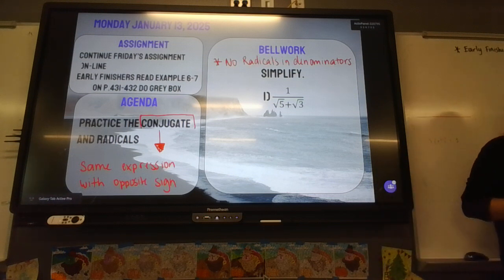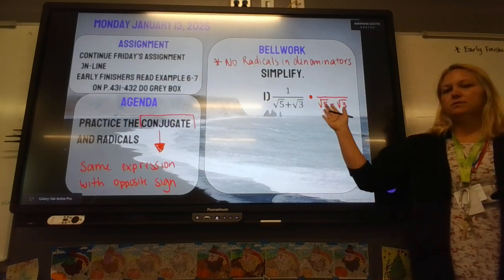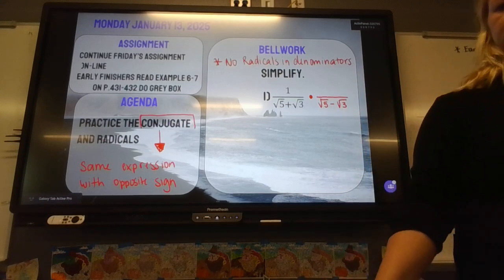So the conjugate of our problem here, I'm going to multiply in, would be the square root of 5 minus the square root of 3. Same expression, opposite sign. And what's cool is that when we multiply it through, the opposite sign will cause things to be canceled.